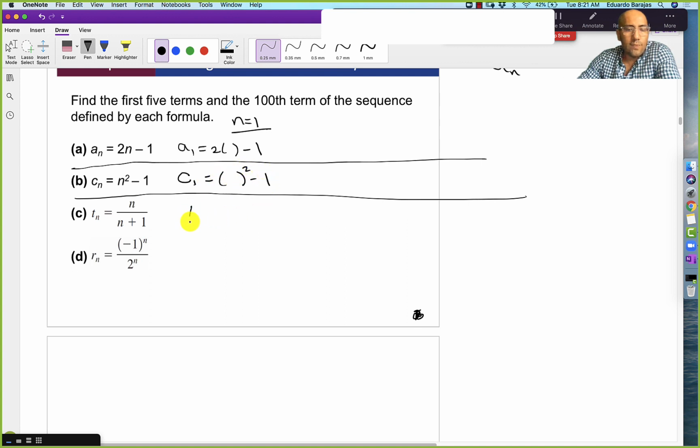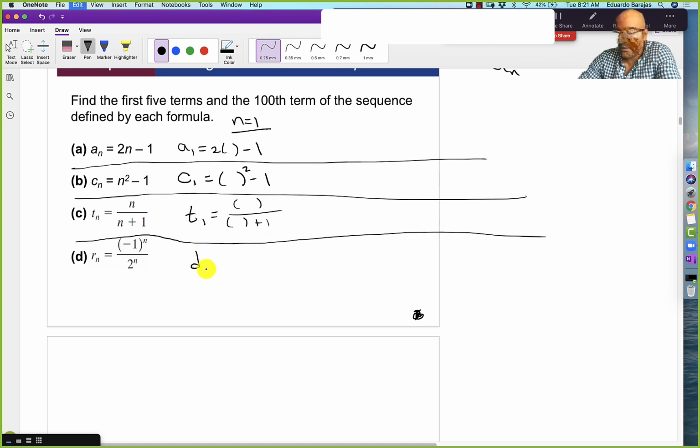And then t sub 1 will be equal to blank over blank plus 1. And r sub 1 will be equal to -1 to the power of blank all over 2 to the power of blank. Okay, so here we're letting n equal to 1, so it'll be a 1 there, a 1 there, a 1 there, a 1 there, and a 1 there.